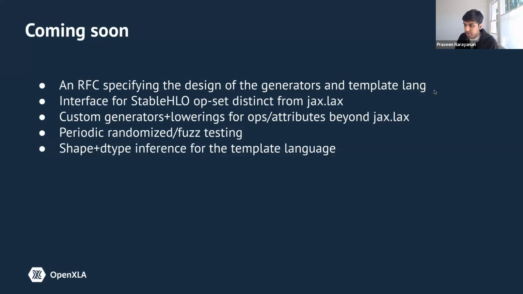But moving forward, one of the goals is to have an interface that is explicit about which dialect we want to generate programs in, closely following the semantics of that dialect. And sitting on top of jax.lax means there are many ops and attributes that exist either in StableHLO or HLO that we currently don't lower to. And so creating custom generators and lowerings is one of the items on our list.